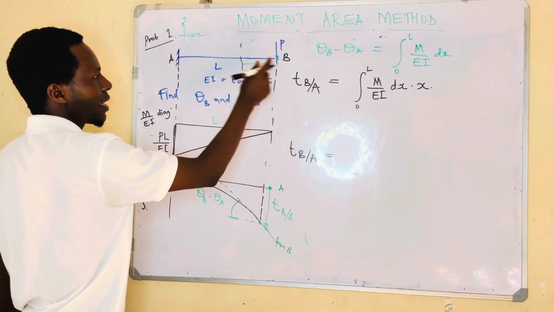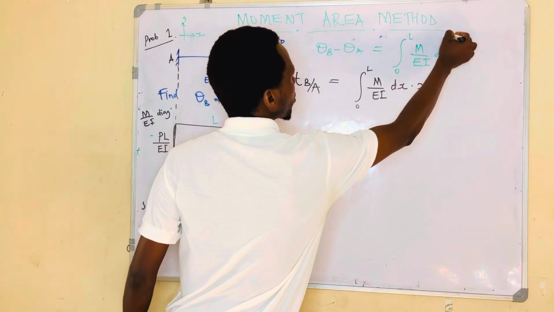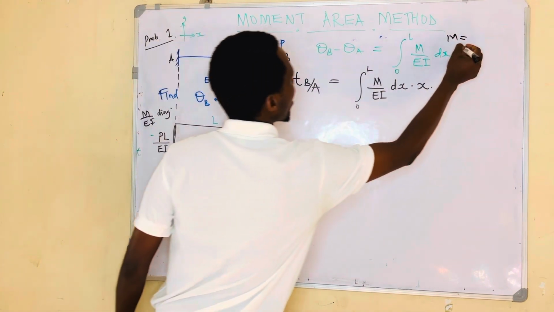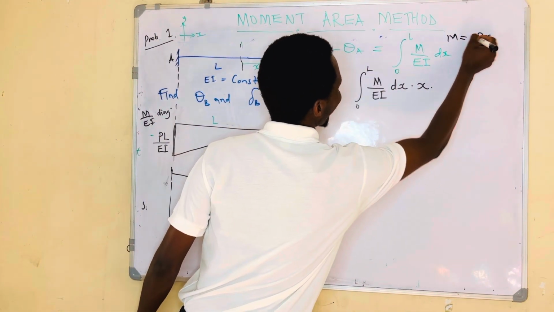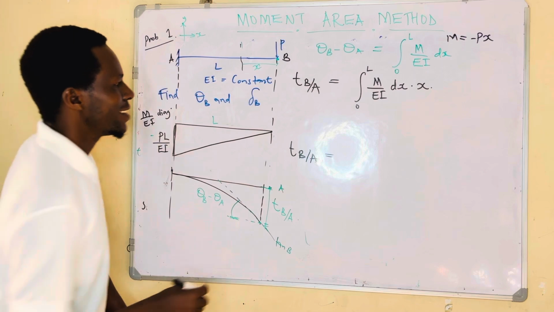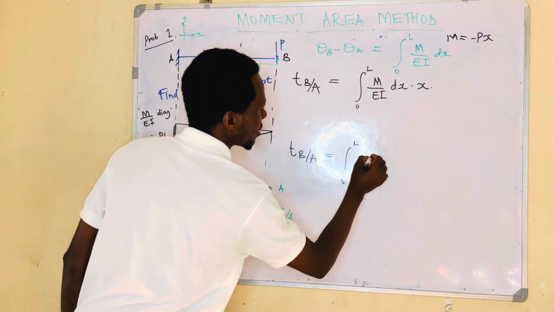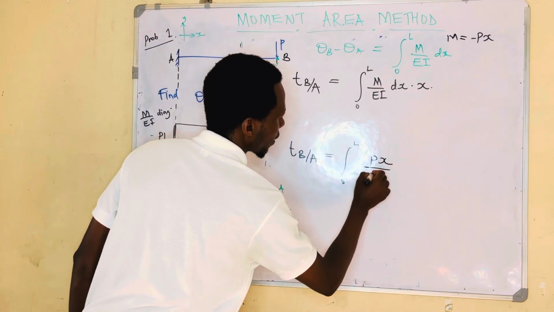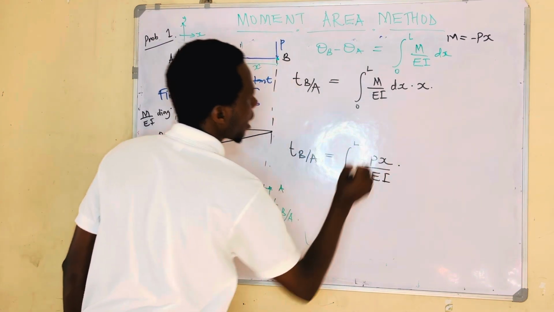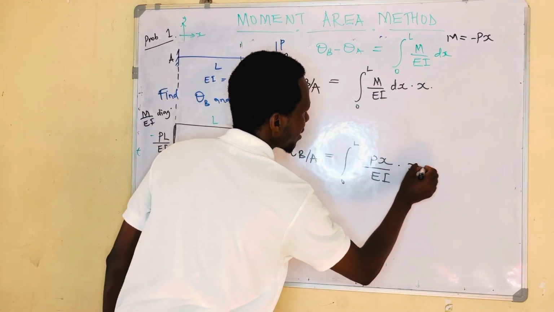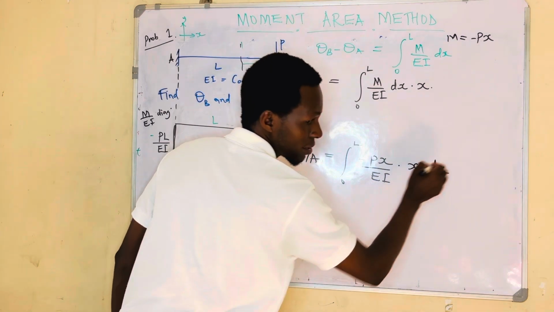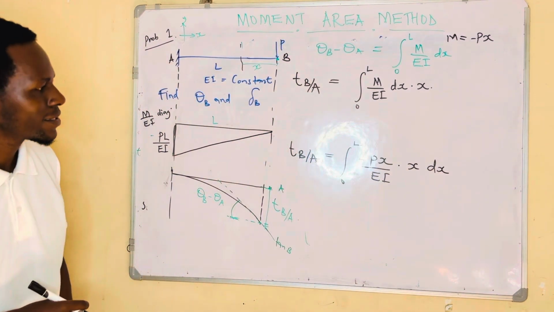If I take a section here, M is going to be Px, but negative, so you don't have to forget that. So here it is 0 to L, M is negative Px out of EI, then times x, so this is x dx.